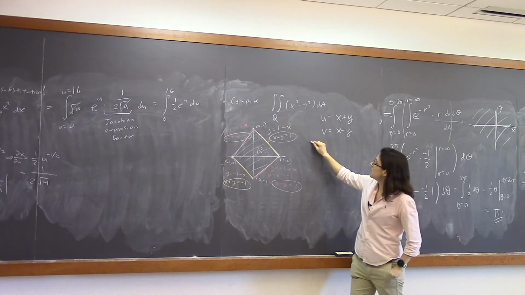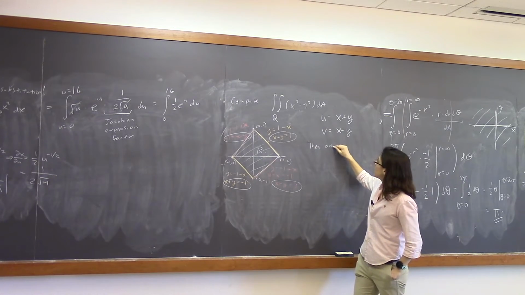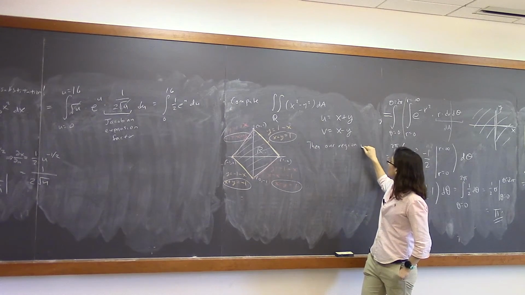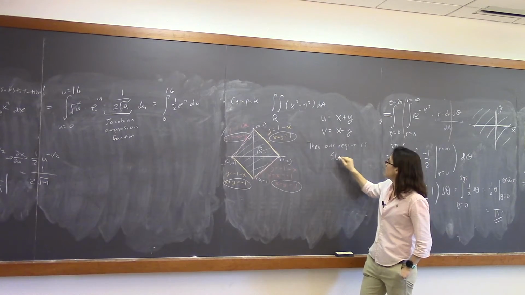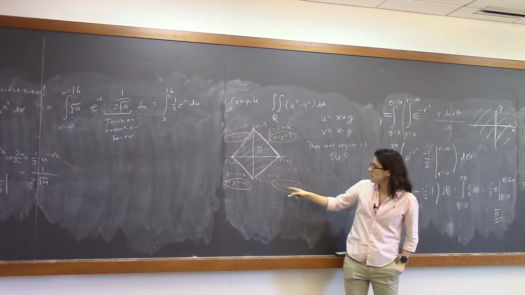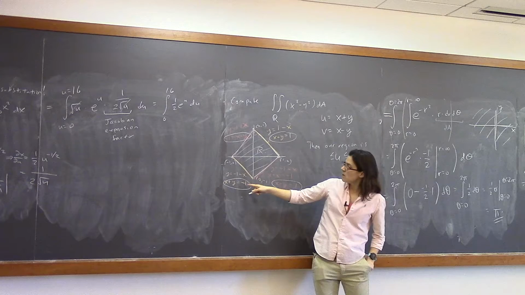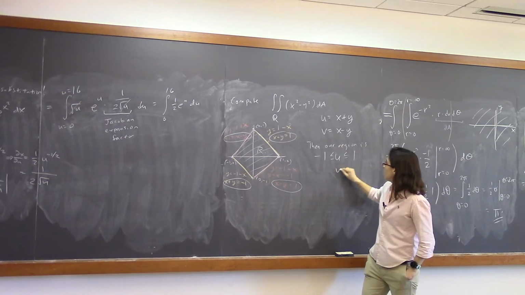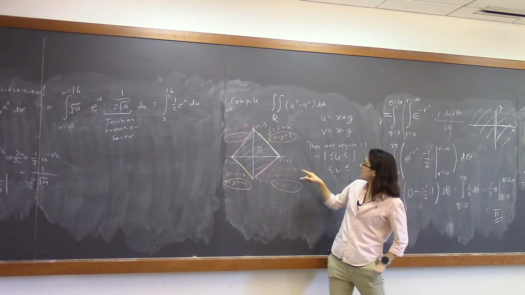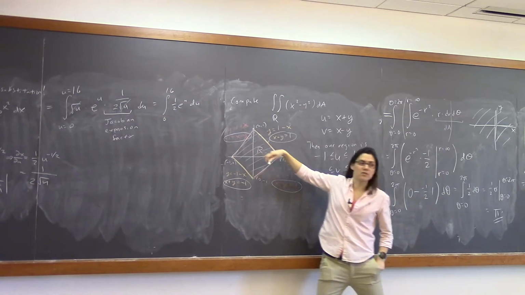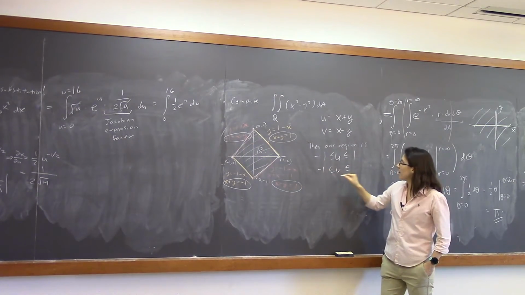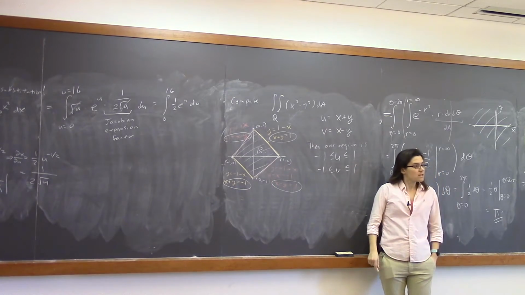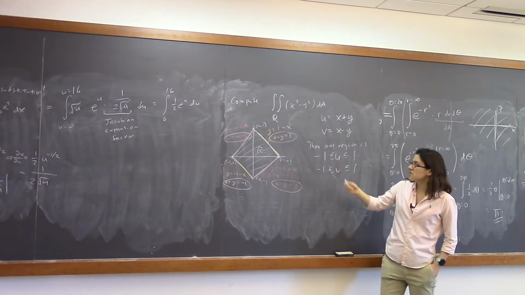So then our region is u between, let's see, u is x plus y. x plus y goes from negative 1 to 1. And v is x minus y. It also goes from negative 1 to 1. So what we've done here is we've changed variables.